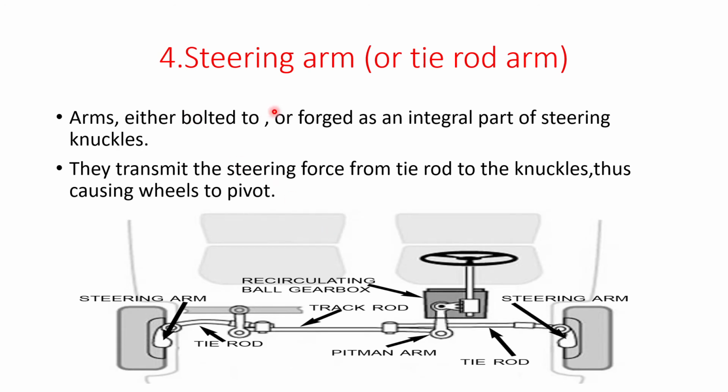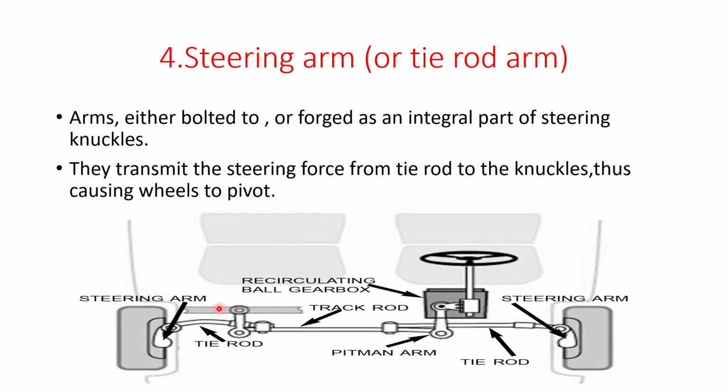And next one is the steering arm or tie rod arm. This is also an integral part of the steering knuckle. You already saw that the steering knuckle is nearer to the vehicle's wheel. Another part is the steering arm, and the function of the steering arm is to transmit the steering force from the tie rod to the knuckles.